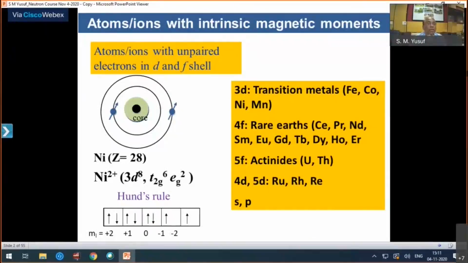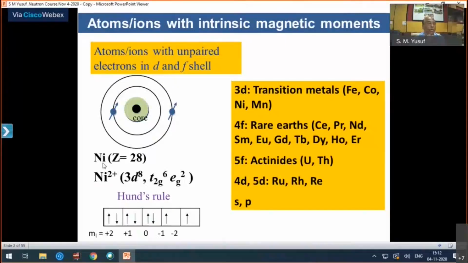If you look at the periodic table, there are a group of elements where you will find some electronic shell where spin pairing is not fulfilled. So it means there are unpaired electrons. You will find the 3d transition metals, iron, cobalt, nickel, manganese, from the 3d series. If you consider these elements in the periodic table, you will find that at the 3d electronic shell, there are unpaired electrons.